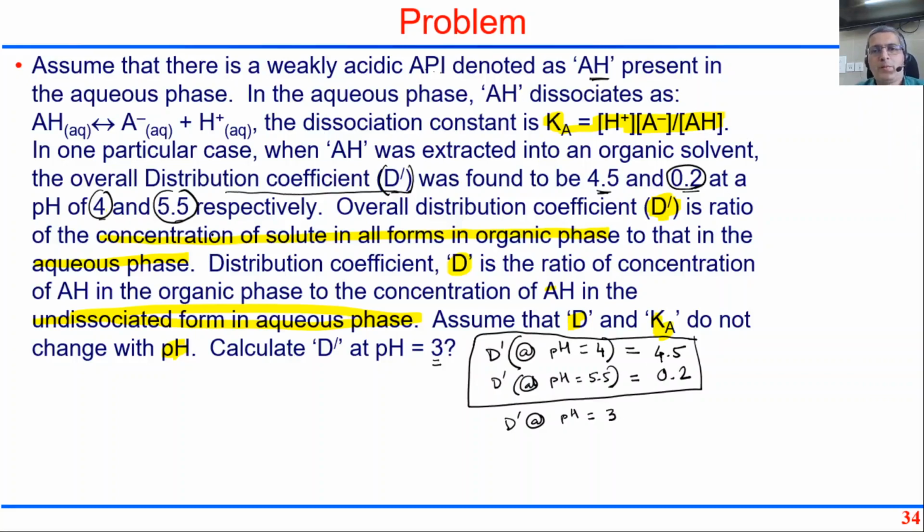D prime at a pH of 5.5 is 0.2 and D prime at a pH of 4 is 4.5. I want you to find D prime at pH equal to 3. I will give you 5-10 minutes to solve.